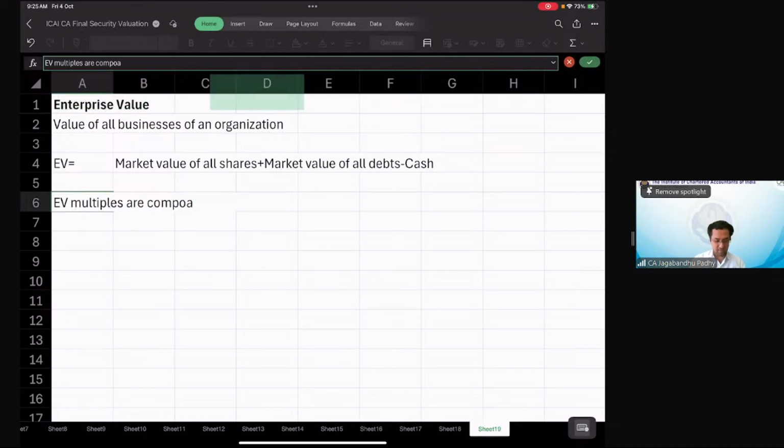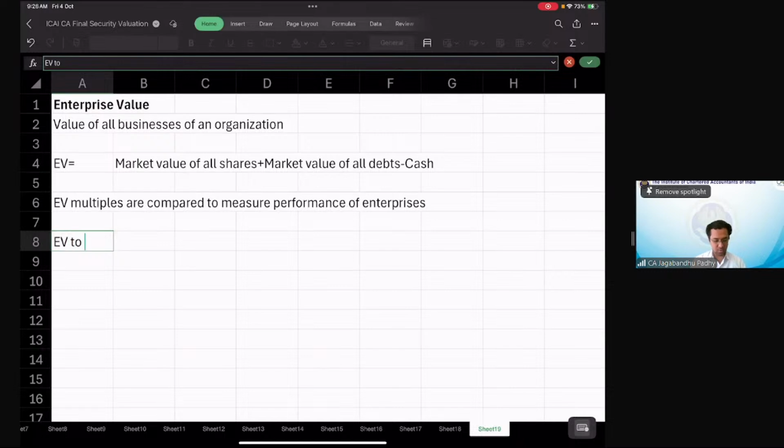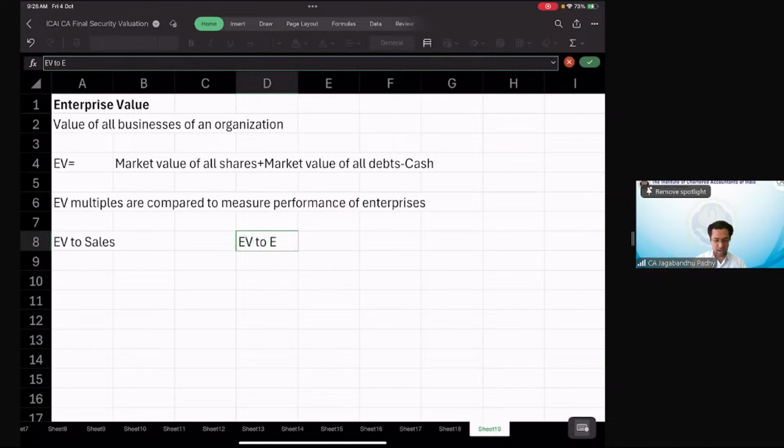So EV multiples are compared to measure performance of enterprises. Now, some of the EV multiples could be EV to sales, or enterprise value to EBITDA, that is, earnings before interest, tax, depreciation, and amortization.